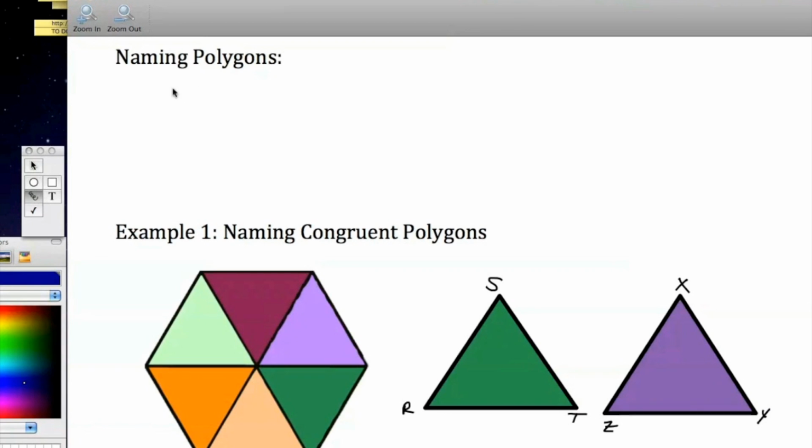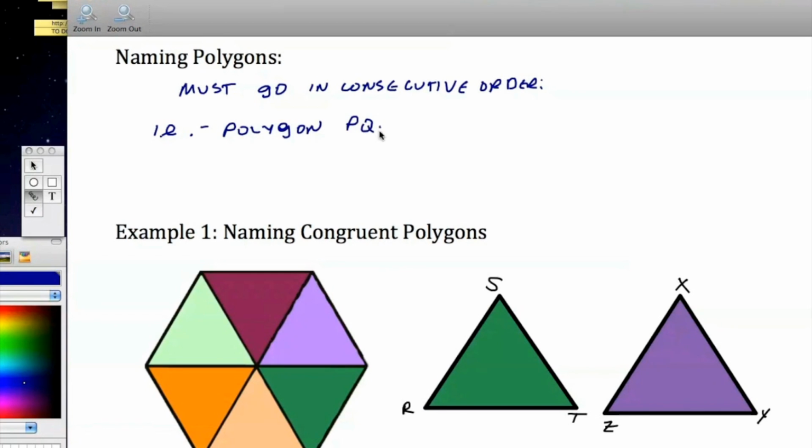Okay? So when we name polygons, we must go in consecutive order. For example, if I have polygon PQRS, I could call it QRSP, or I could call it RSPQ.